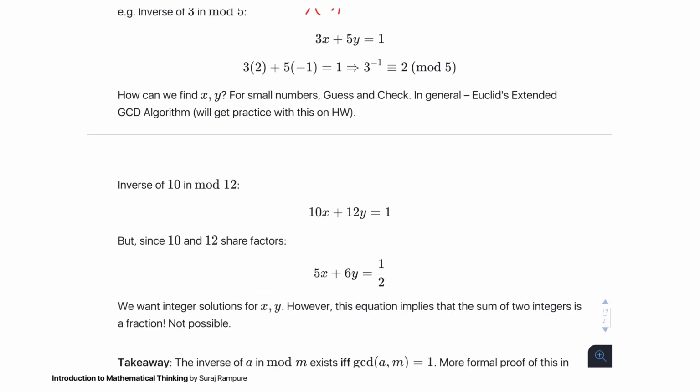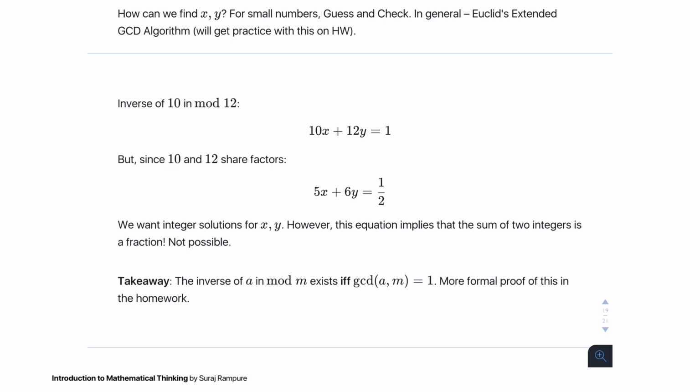So really quick, last thing, let's go back to this problem of finding the inverse of 10 in modulo 12. It's the same as finding integer solutions to 10x plus 12y is equal to 1. But we see that 10 and 12 happen to share a factor, right? What's that factor? 2, right?